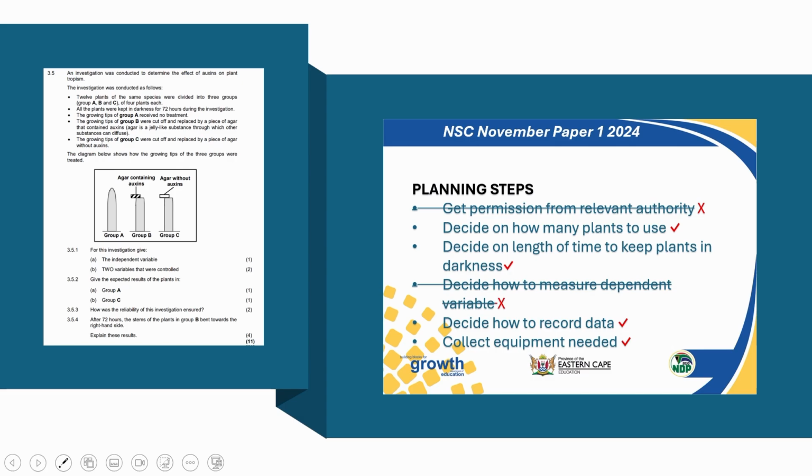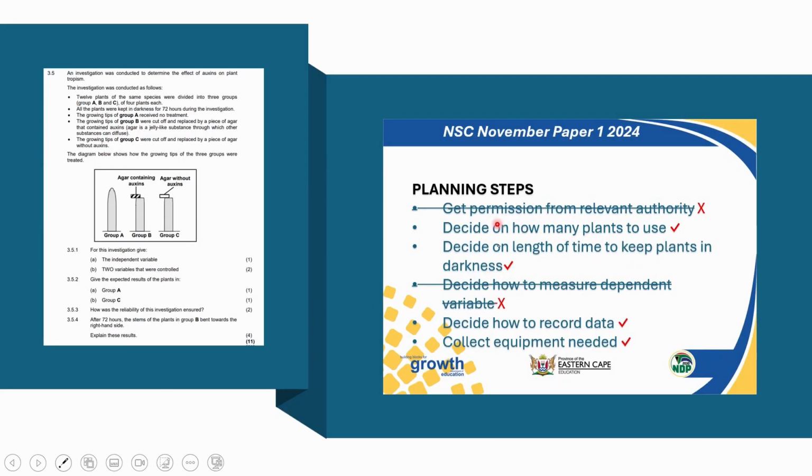Now notice, when I'm writing the planning steps, I'm not writing them in a generic way that I learned. I'm writing them according to how the investigation was done. So instead of saying decide on the sample size, I said decide on how many plants to use because my sample in this investigation are plants.